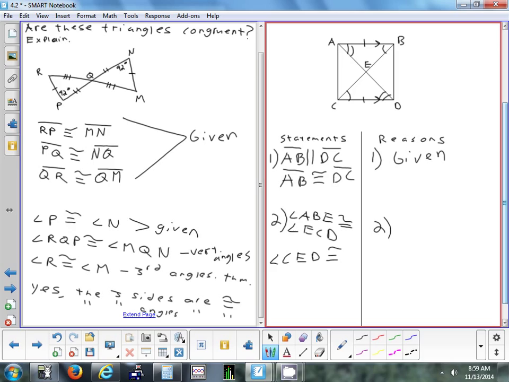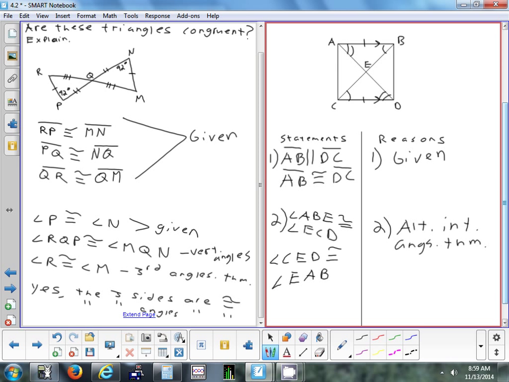Again, two parallel lines cut by a transversal, alternate interior angles are equal. Is that the theorem or is that the converse? Yep, theorem. That's just the theorem without the word converse. So the alternate interior angles theorem.